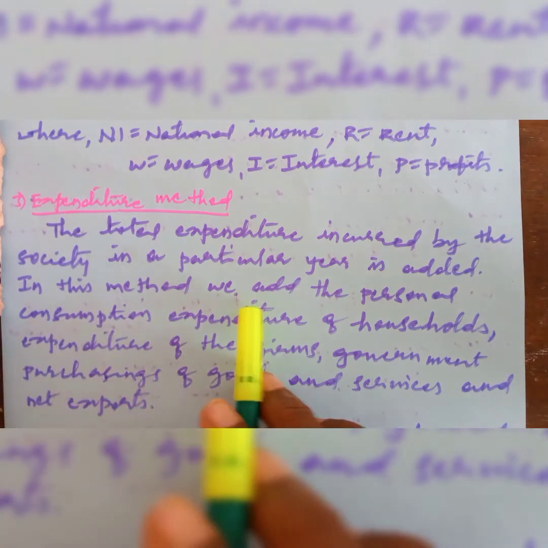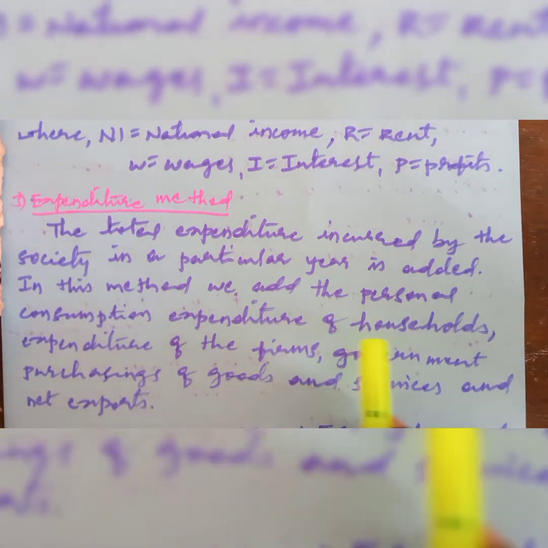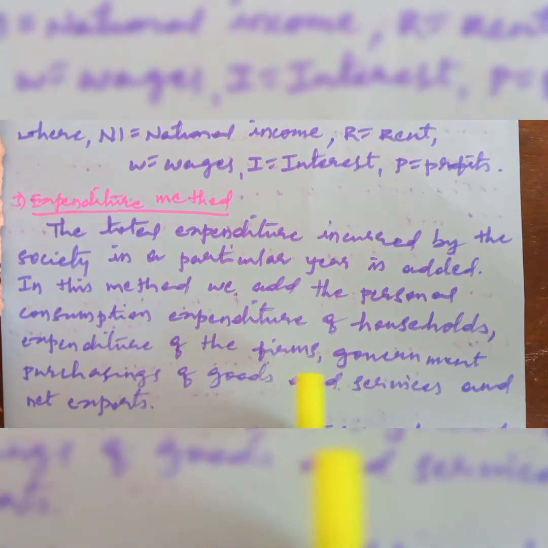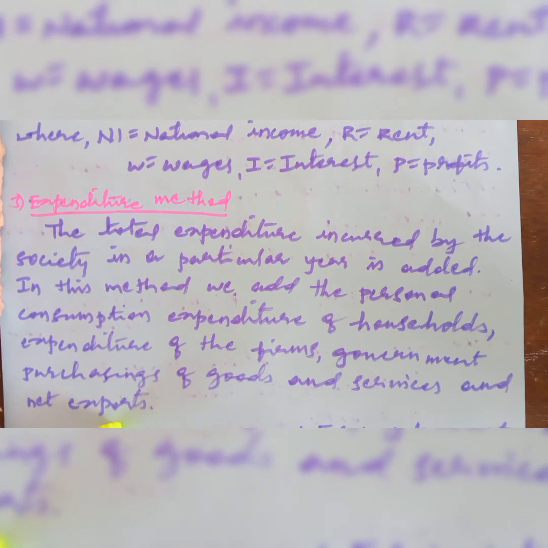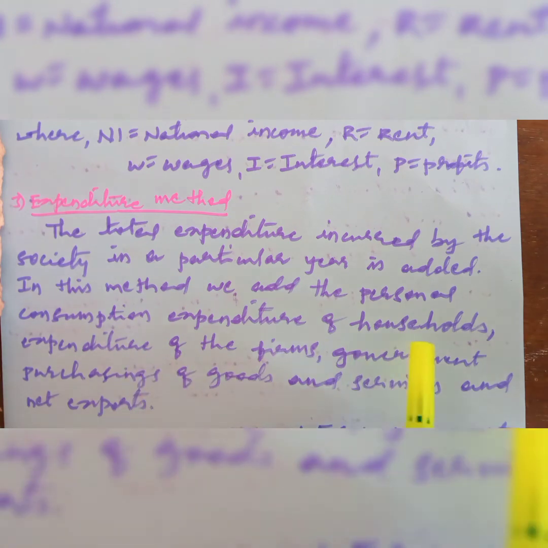In this method, we add the personal consumption expenditure of households, expenditure of the firms, government purchasing of goods and services, and net exports. So whose expenditure will be added to measure the national income? Expenditure of households. Second is expenditure of the firms. Firms are related to industries, companies.